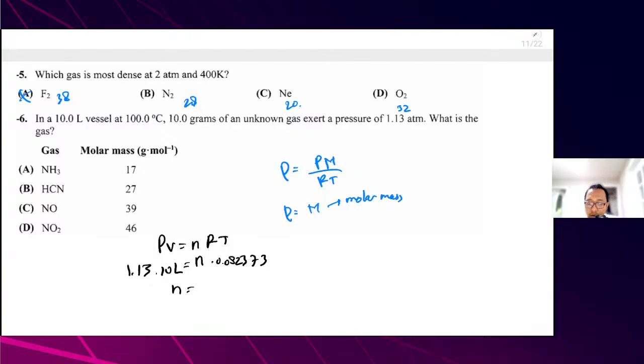After calculating all of them, we ended up getting around 0.369.